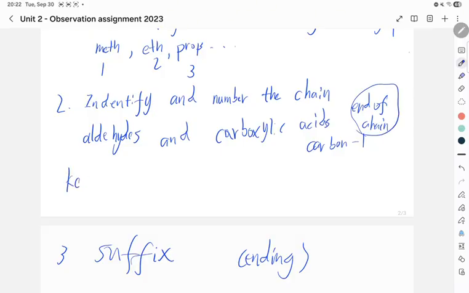And for the ketones and the alcohols, we need to choose the direction that gives the functional group the smallest number.